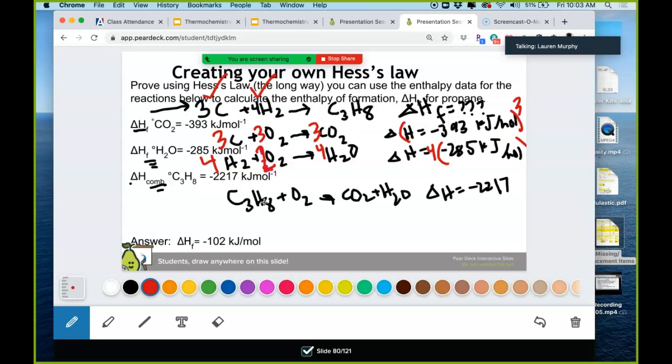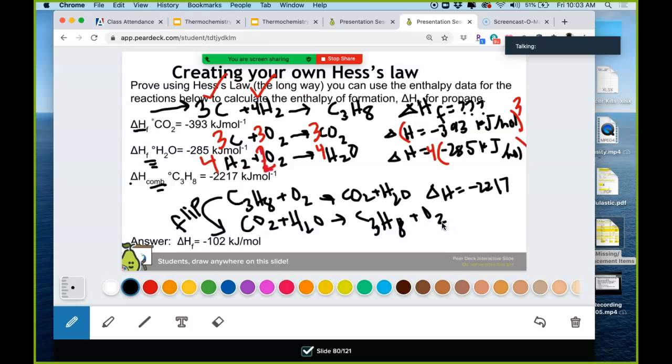So I have propane, but it's on the wrong side of the reaction arrow. So I'm going to flip this. All of my reactants are now products, and all of my products are now reactants. Now when you flip it, you have to flip the sign, so this is now positive.